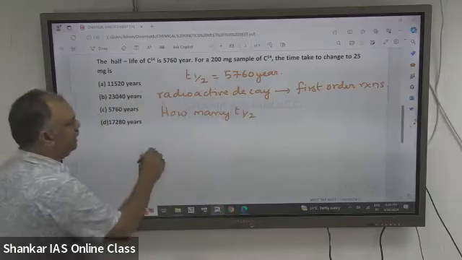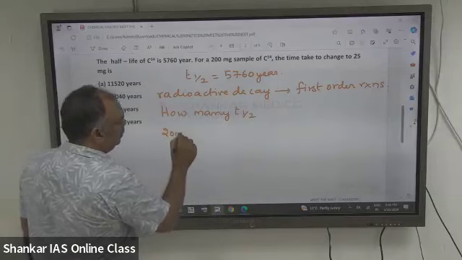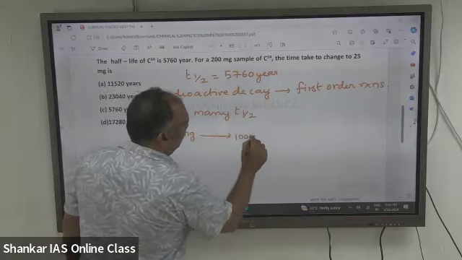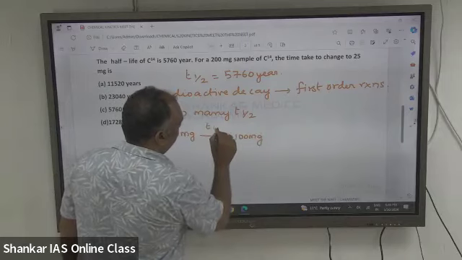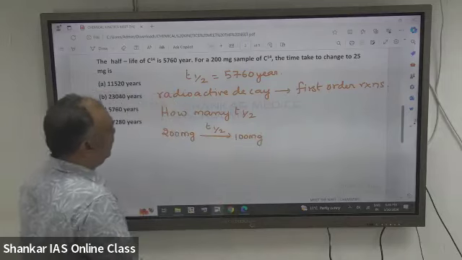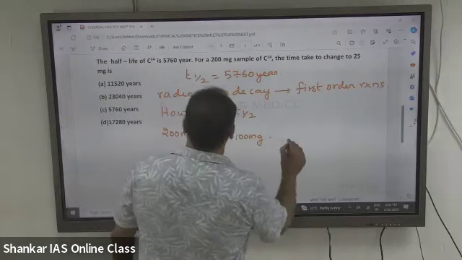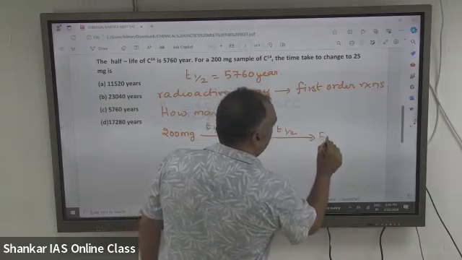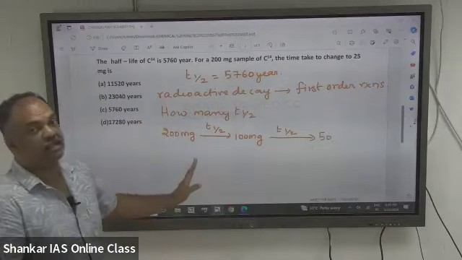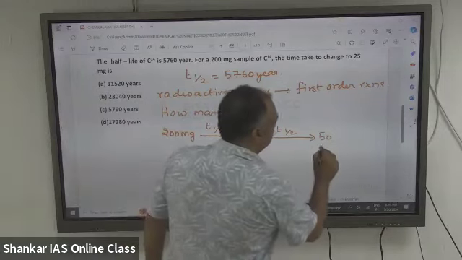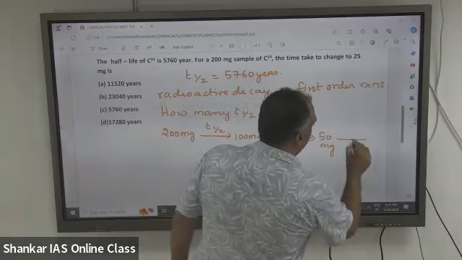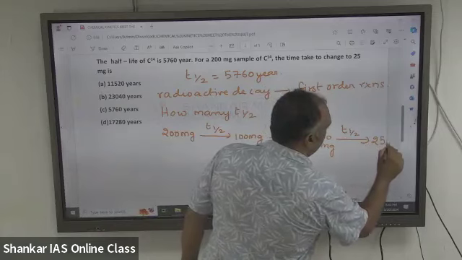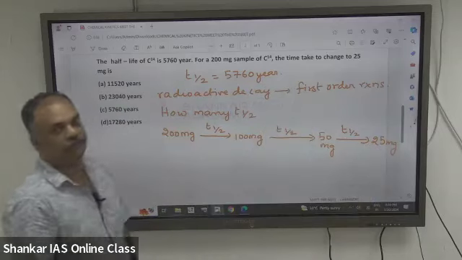For a 200 milligram sample to become 100 milligram, it takes 1 T half. Then for 100 milligram to become 50 milligram, half of 100, it takes another T half. With another T half, the 50 milligram sample would become 25 milligram.